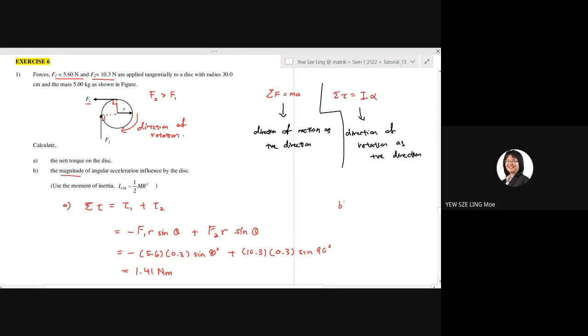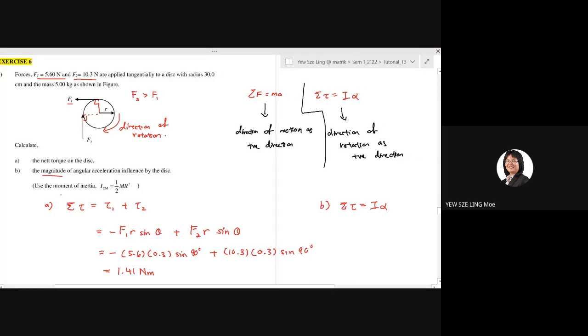So question B, summation of torque equals I alpha, because now you need the alpha. And then the I is very nice, it gives you the moment of inertia. I for this is half m r squared.